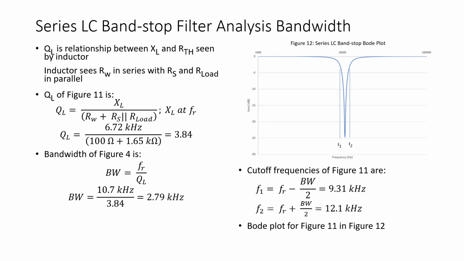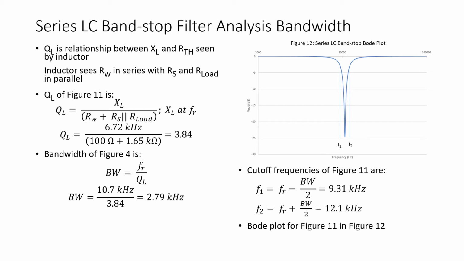So the loaded Q factor of the circuit of figure 11 is mathematically X sub L divided by RW plus RS and R load in parallel. So the band stop filter of figure 10 has a loaded Q factor of 3.84. And this gives us a bandwidth of 2.79 kilohertz as shown.